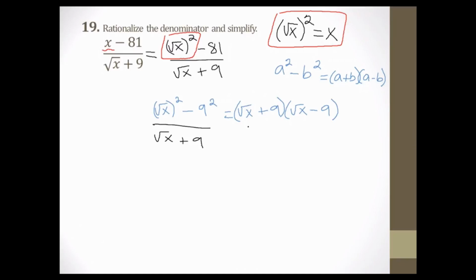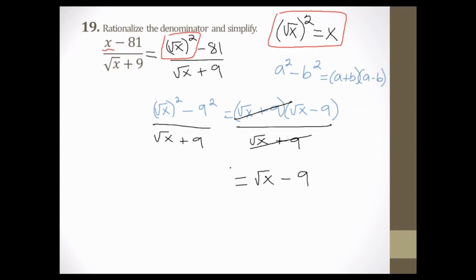Now if you look at it, I do have common factors in the top and bottom. I have the square root of x plus 9 at the top and the square root of x plus 9 in the bottom, so I can cancel these out. Then my final answer is going to be the square root of x minus 9.